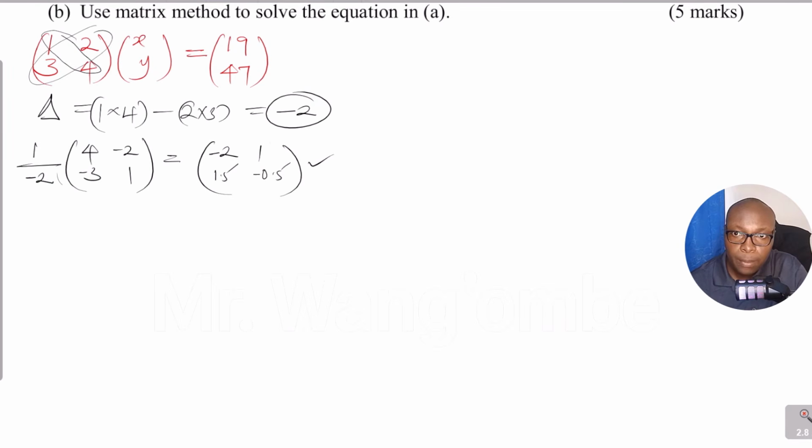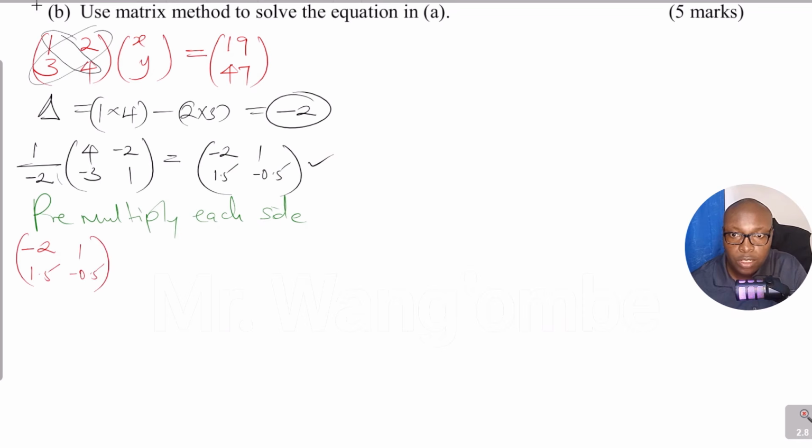The next step, pre-multiply each side of the equation by the inverse. So this is how you do it. You take the inverse, which is -2, 1.5, 1, -0.5.